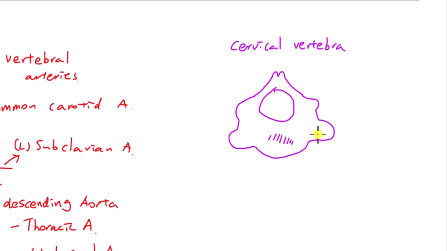The area that I'm interested in is the transverse foramina, right at the transverse process. So this is a superior view. The vertebral artery goes through these holes, the transverse foramina, and again this is the vertebral canal.